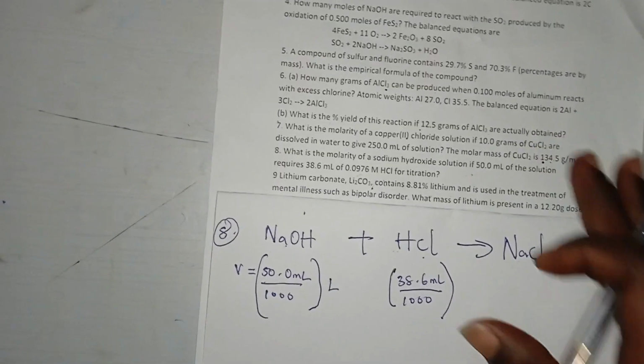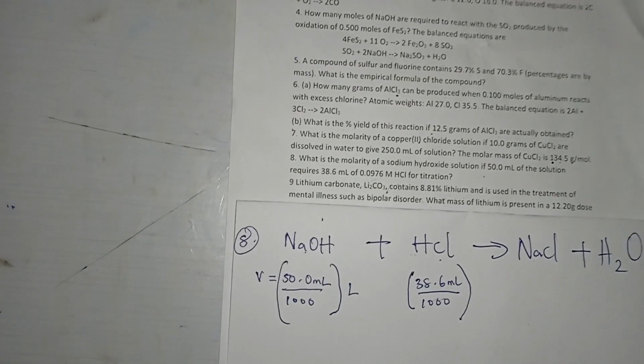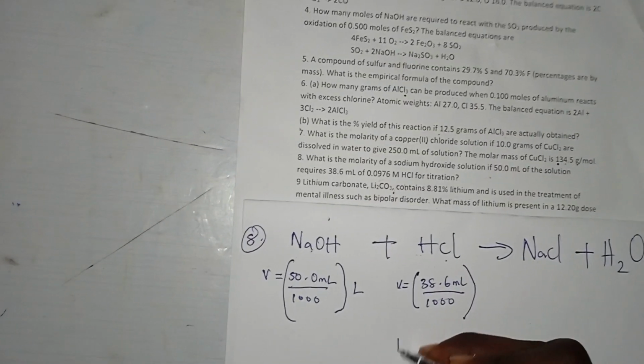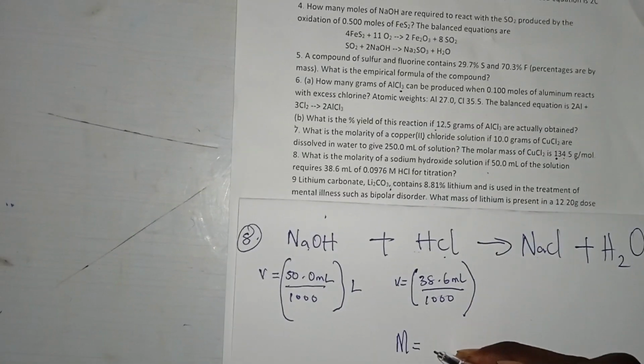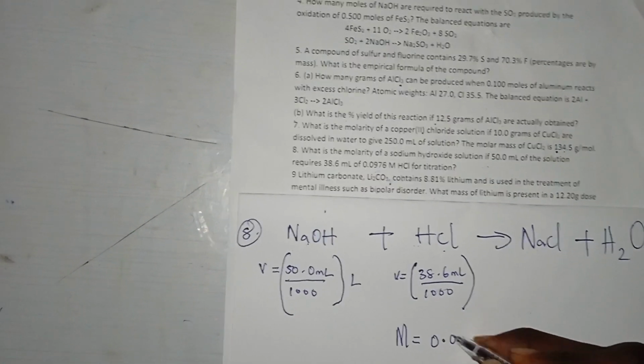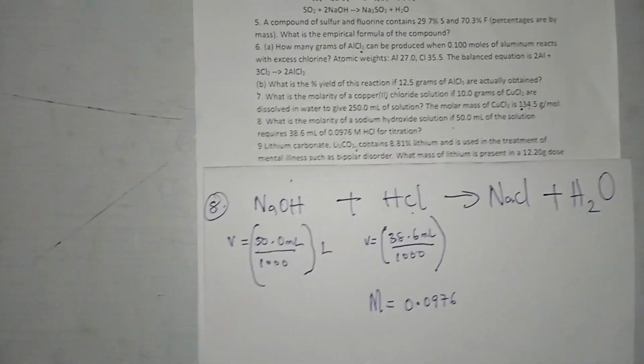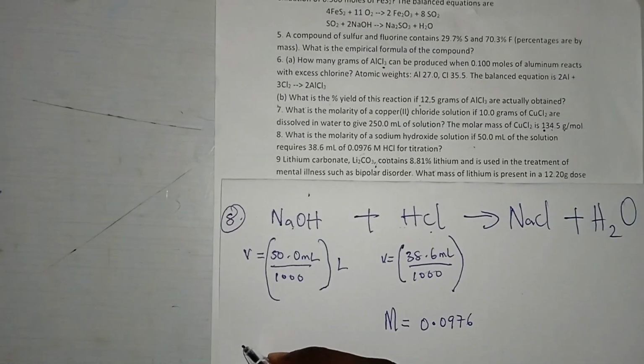Now, if we convert this, notice that the volumes are known. Then we know the concentration of this particular one, 0.0976. This is just like when you are doing your titration. And what is titration?